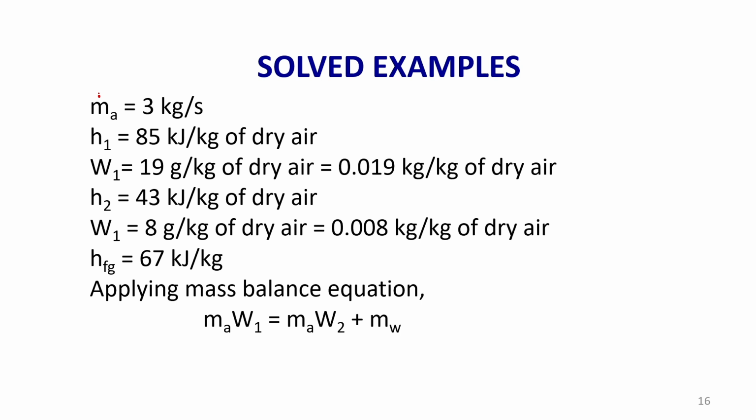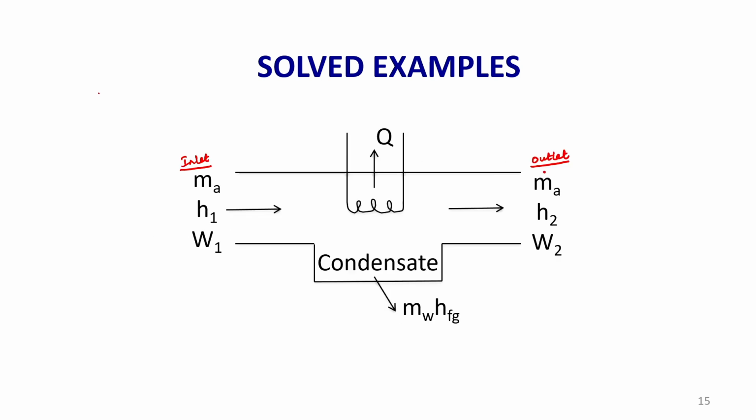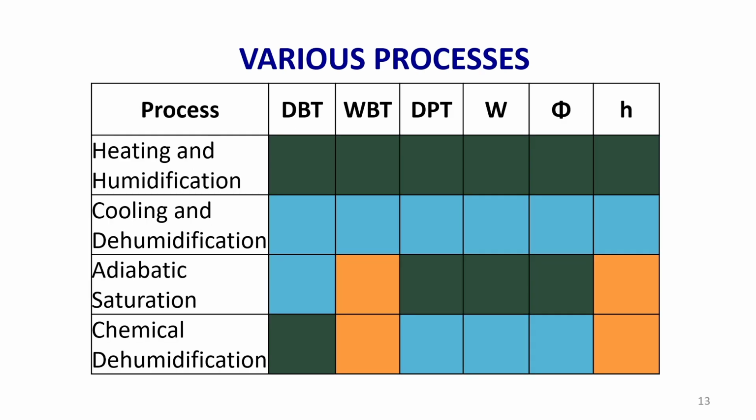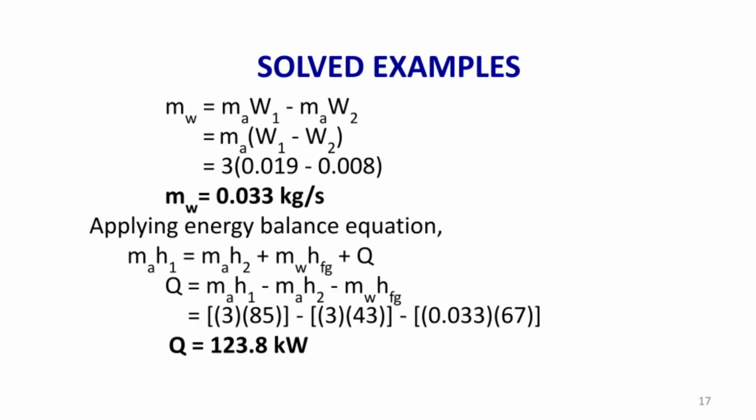So, we can apply the mass balance. Apply the mass balance for this one: m dot A into W1 equal to m dot A into W2 plus the condensate. I am finding how much water is collected per second.